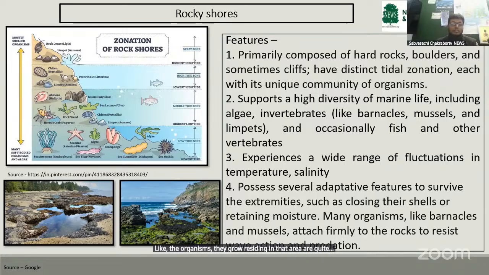You will find barnacles there. You will find algae. You will find invertebrates, mostly the mussels, limpets, and occasionally you will find fish and other vertebrates.